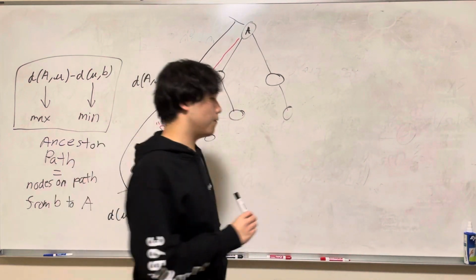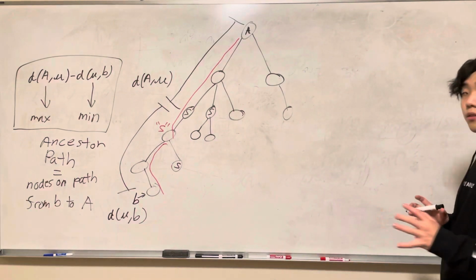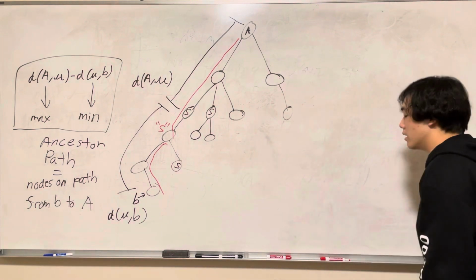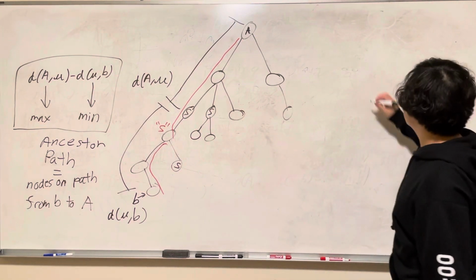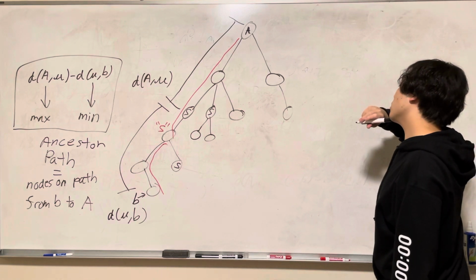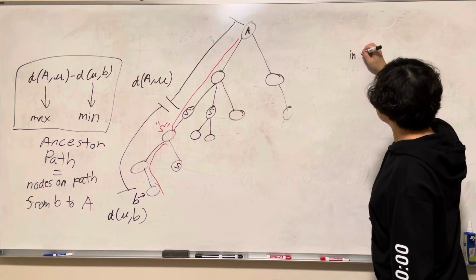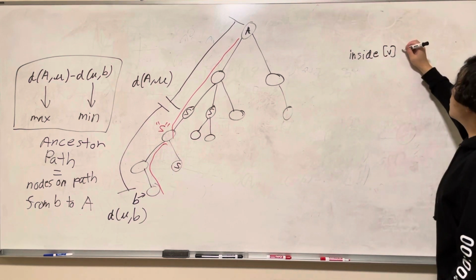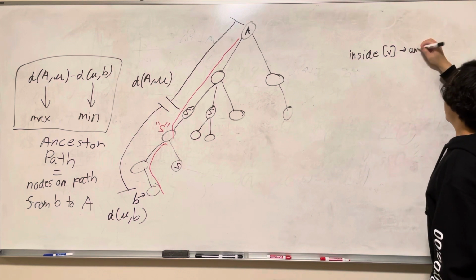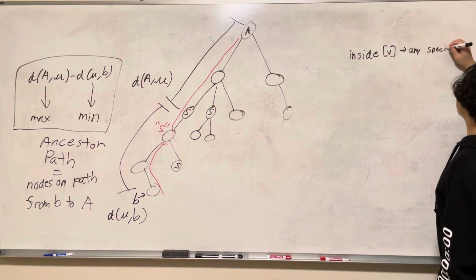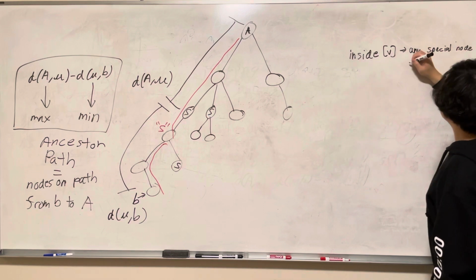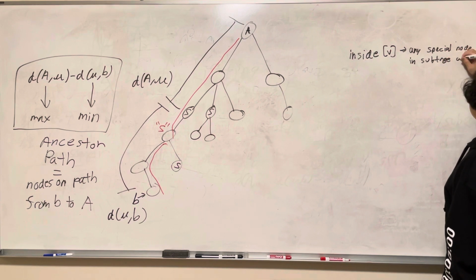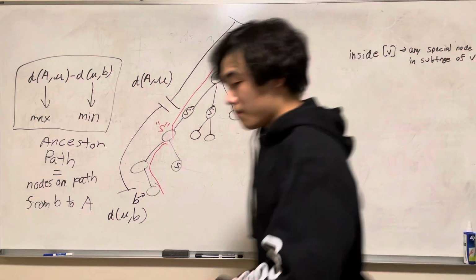We need to keep track of a few variables. We need to get some information. So the first information we need is called inside of V. What this is equal to is any special node in the subtree of V. Can you see that?